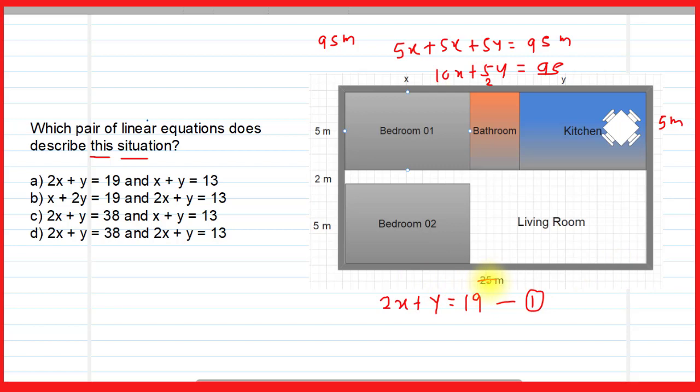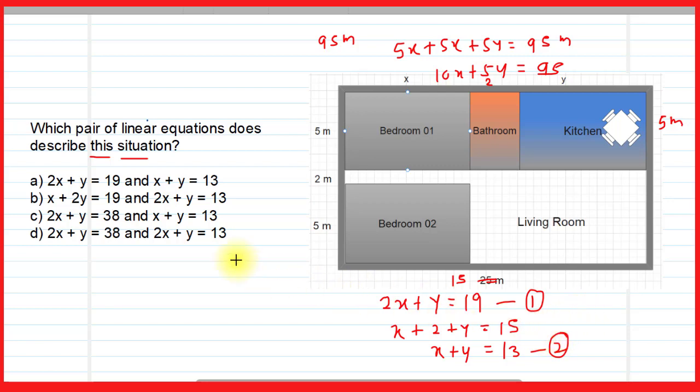Sorry friends, one correction here: it is 15 meter. And so this other equation will be x plus 2 plus y is equal to 15. Take 2 to the other side, so it will be minus 2, and so x plus y is equal to 15 minus 2, that is 13. This will be the second equation.